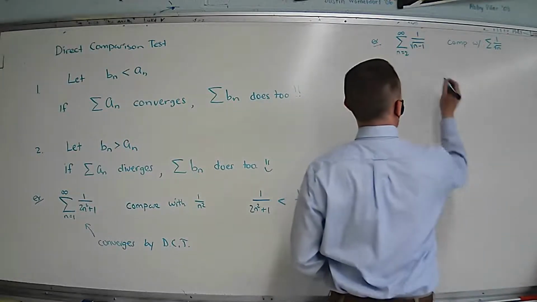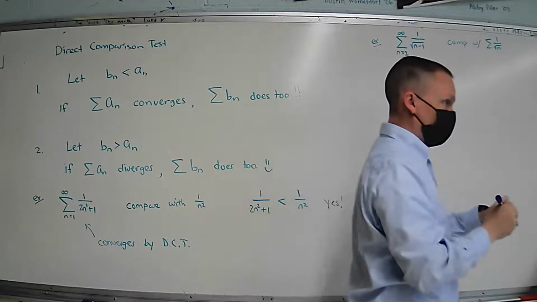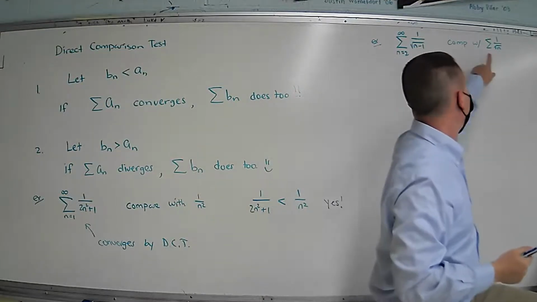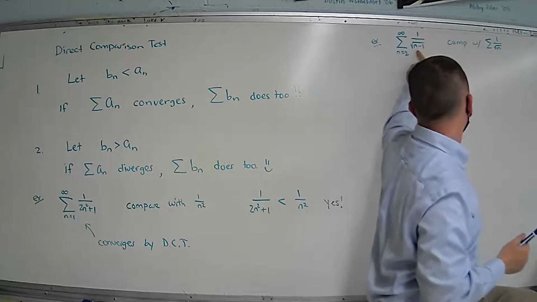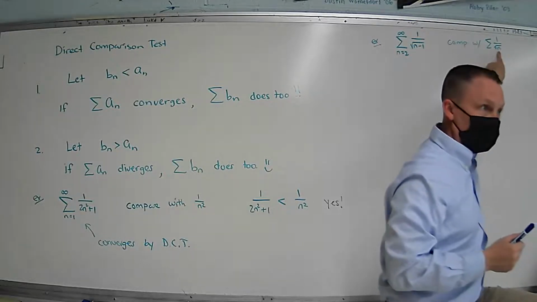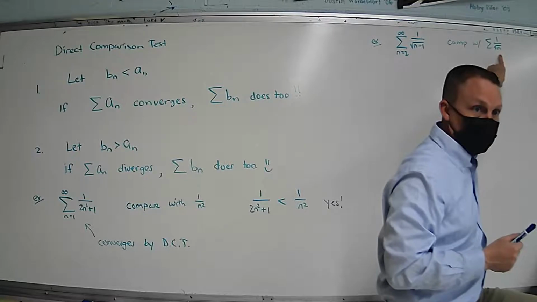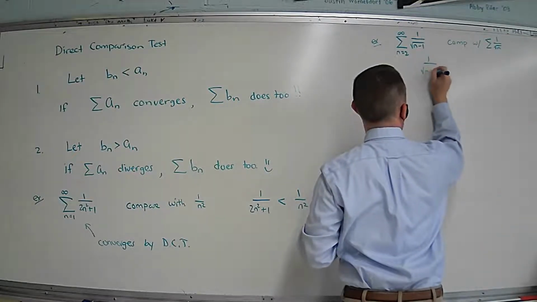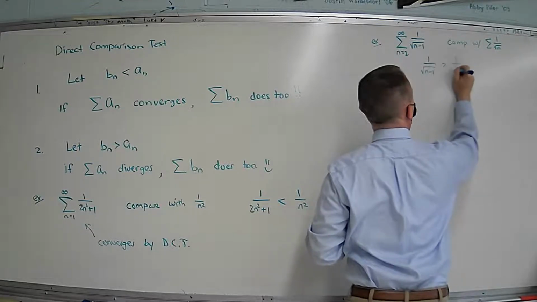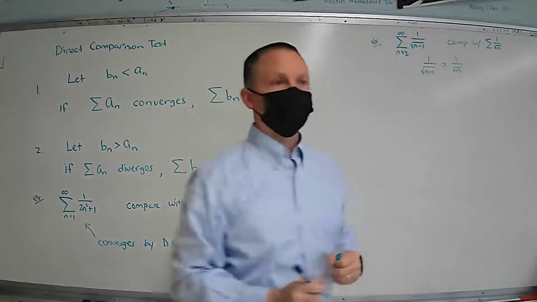Okay, so since this is what Maddie chose to compare with, what we really need to show then is that this guy is what compared to this guy? Bigger. Is that true? Now, you don't just want to write this down and not verify it.